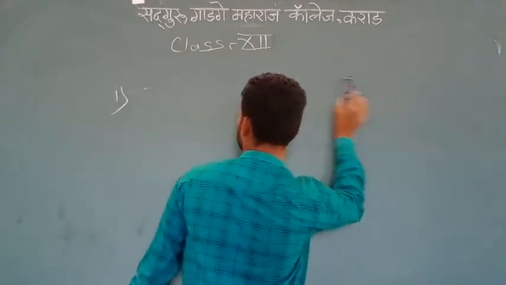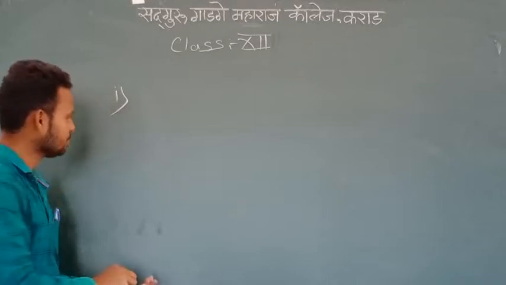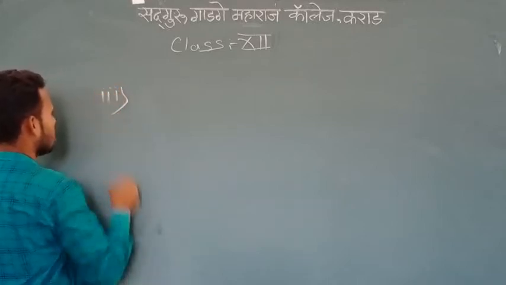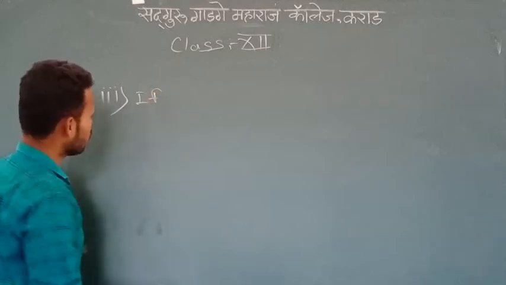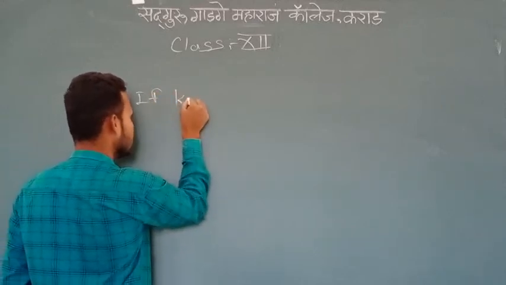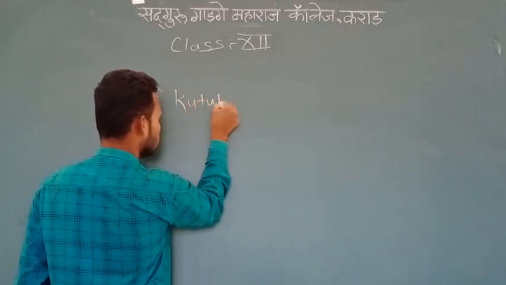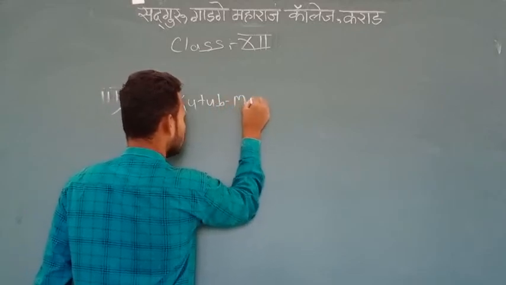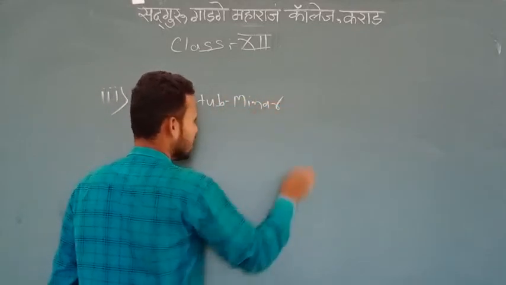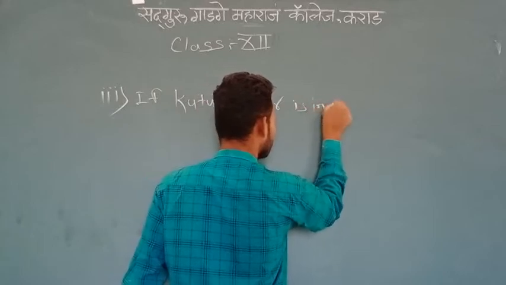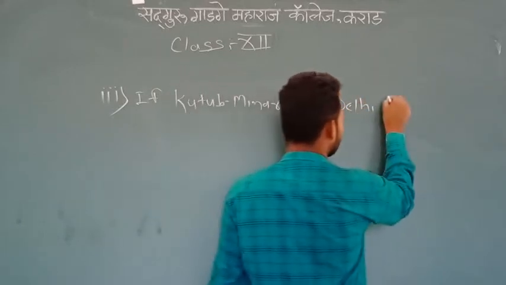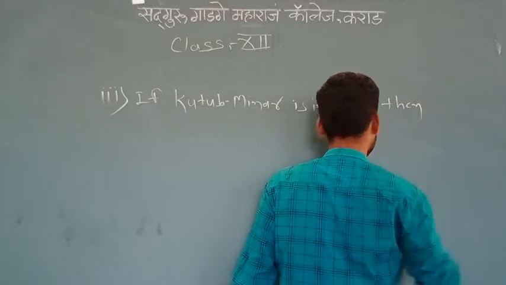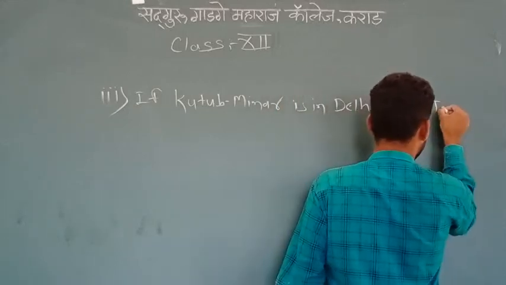Now the next example, the third one: If Qutub Minar is in Delhi, then Taj Mahal is in Agra.